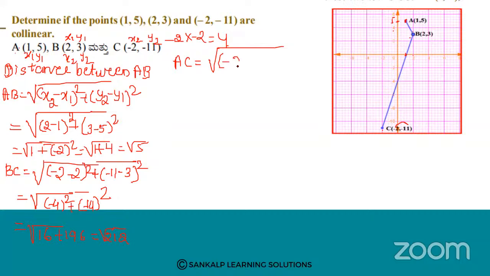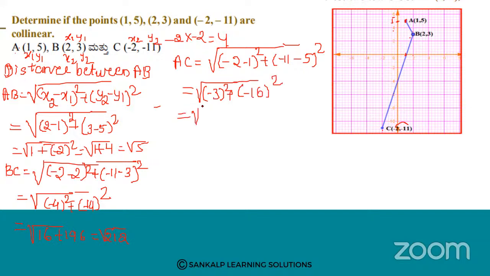So (-2 minus 1) whole square plus (-11 minus 5) whole square. -2 minus 1 is -3 whole square, plus -11 minus 5, that is -16 whole square. (-3) whole square is 9. 16 whole square is 256. So 9 plus 256 is 265.